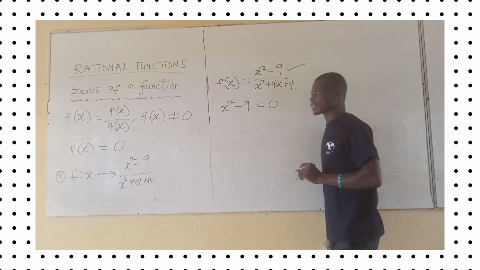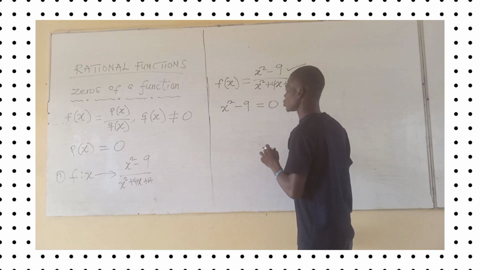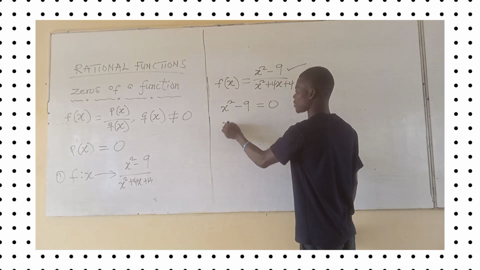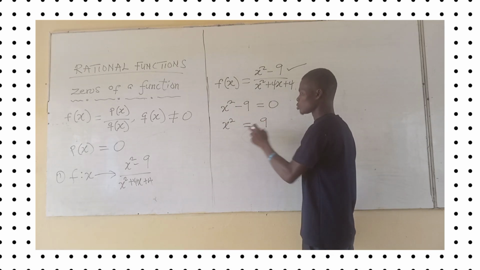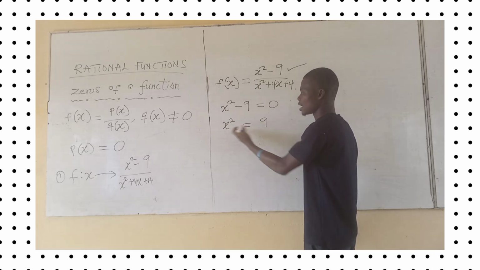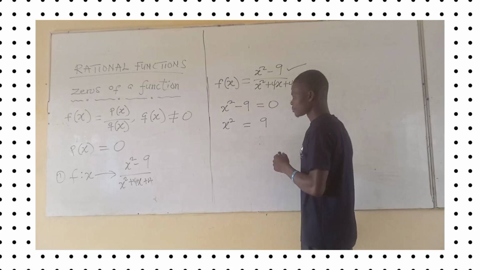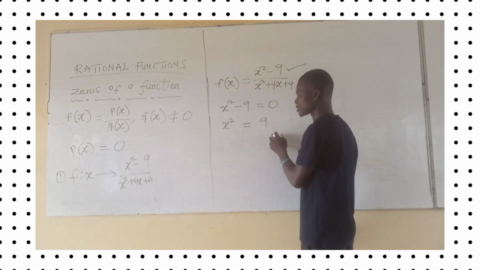So now let's take our time and solve. Putting like terms together, s squared is equal to 9. So a certain number squared is 9. We have to find those numbers by taking the square root on both sides.